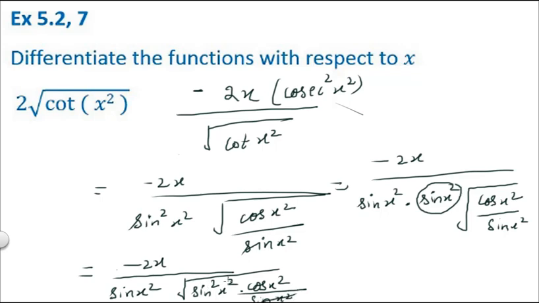So one sine and one sine will get cancelled. You have minus 2x upon sine of x square into under root you have sine x square left and cos of x square left.